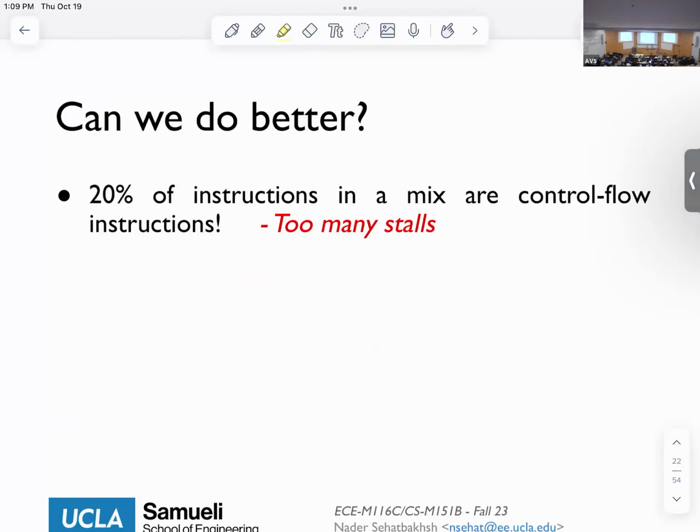All right, so if you actually think about programs, interestingly, about 20% of the instructions in any program that you write are some form of branches. If you think about the way that you write code, there are lots of ifs and elses, lots of for loops, lots of while loops. All of them are essentially some form of branches, okay?